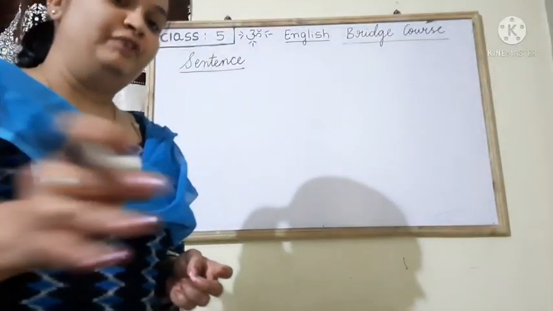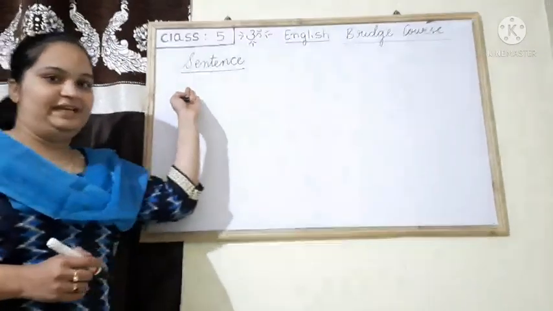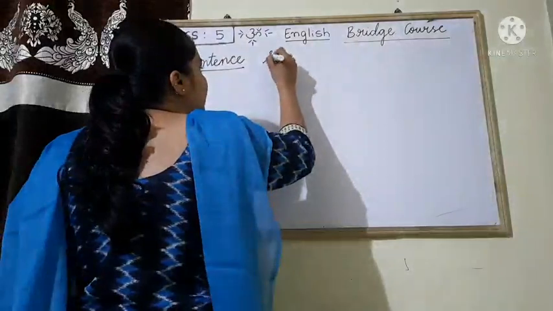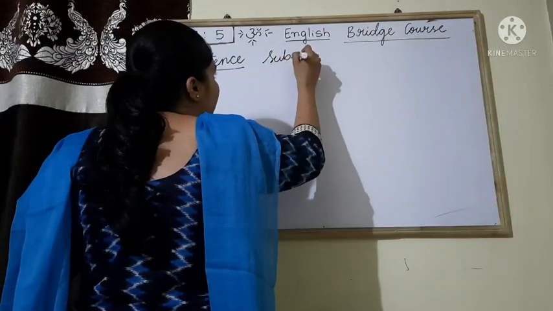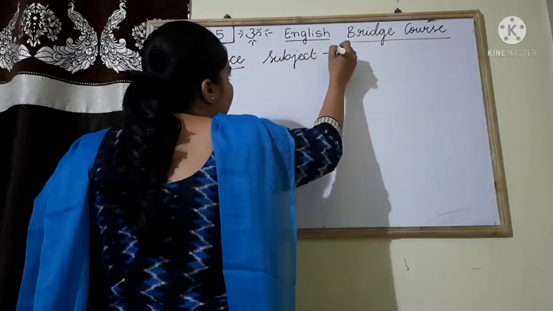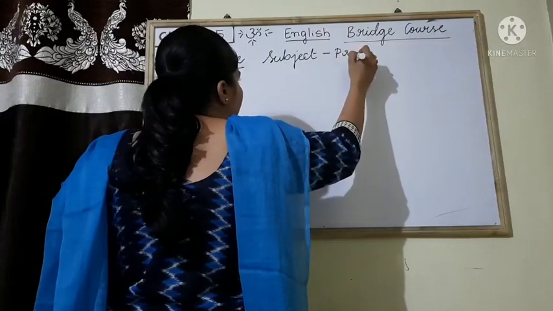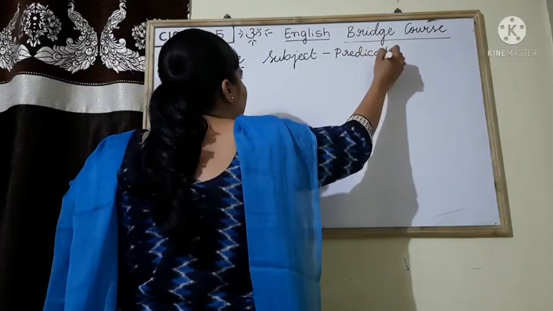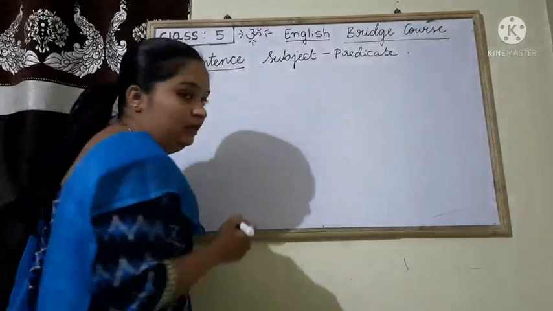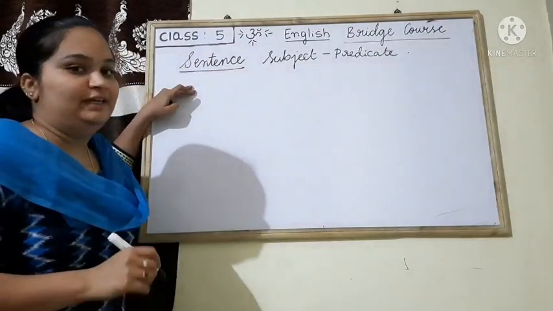So now that we know what a sentence, subject and predicate are, let's know the types of sentences.